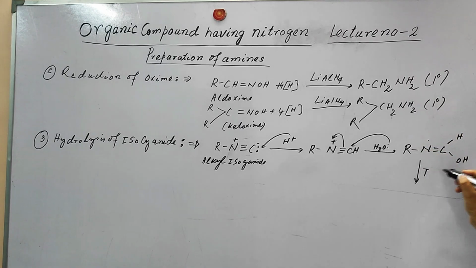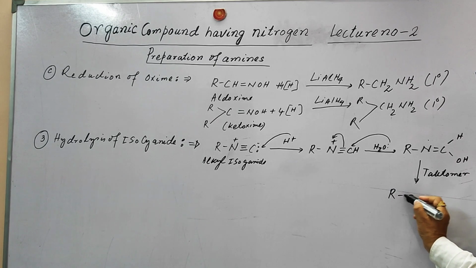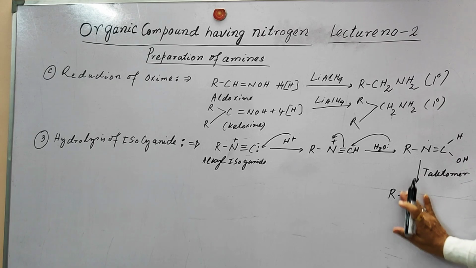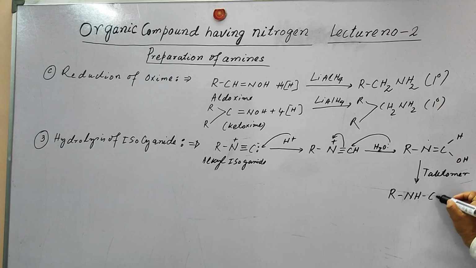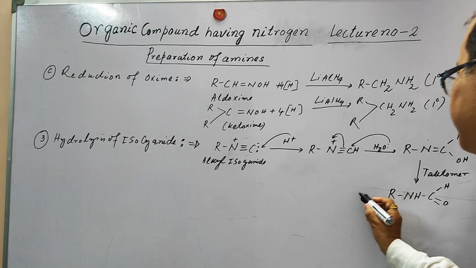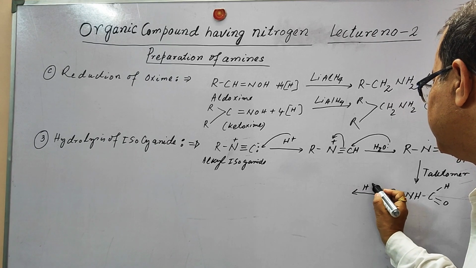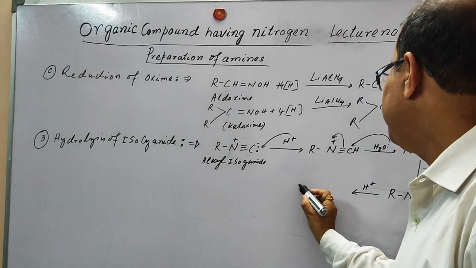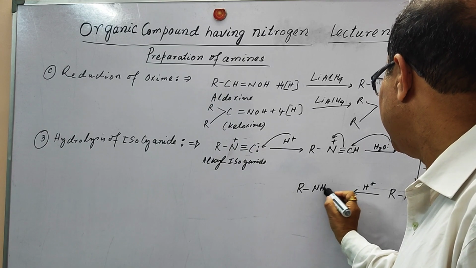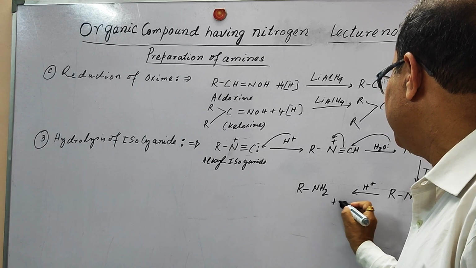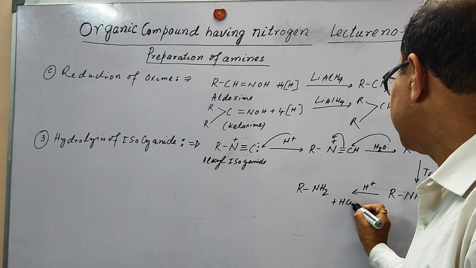This molecule will tautomerize and produce NHCHO, and now with this hydrolysis it will produce NH2 and formic acid.